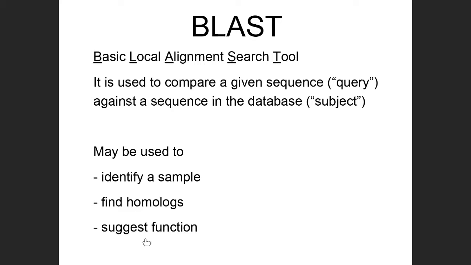The last one is suggest function, which is, I have this gene in strawberry. I don't know what it does in strawberry, but I could figure out what this sequence does in some other organism, and the result of BLAST may give me some cues of what kind of enzyme or what kind of protein it encodes.